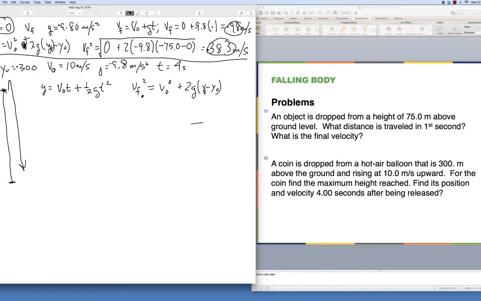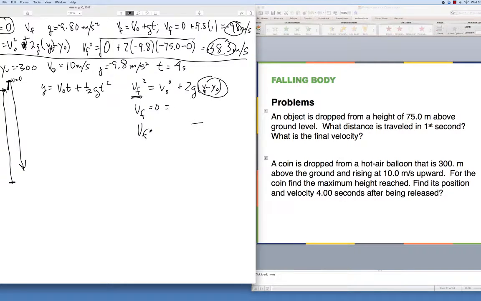At the maximum point, this thing goes up until gravity eliminates all its velocity. So at this maximum point, the velocity is equal to 0. So if we use this equation and set Vf equals 0, that will tell us this, because we know everything else.